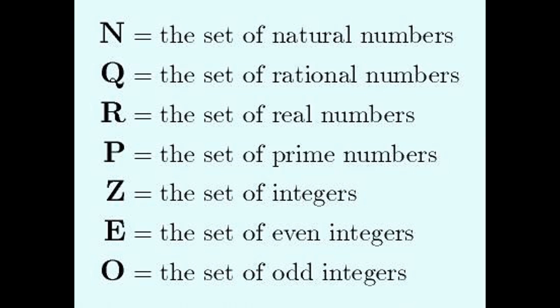N represents the natural numbers, Q represents the rational numbers, R represents the set of real numbers, P represents the set of prime numbers, C represents the set of integers, E represents the set of even numbers, and O represents the set of odd numbers, and so on.